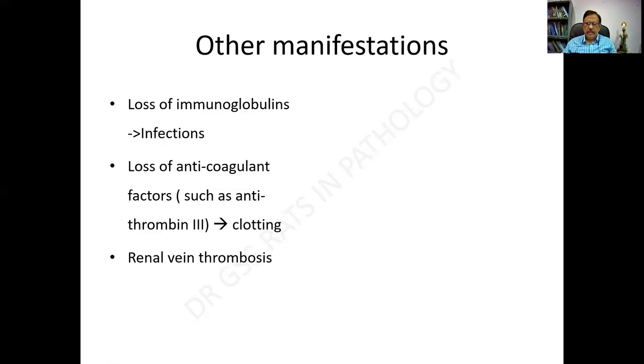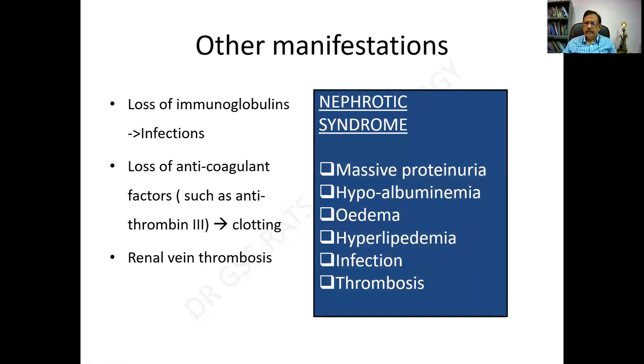So when there is a loss of anticoagulant factors, it leads to clotting, resulting in thrombosis, such as renal vein thrombosis. Nephrotic syndrome, as a summary, we shall have these in mind: massive proteinuria, hypoalbuminemia, edema, hyperlipidemia, infections because of the loss of complements, and thrombosis.